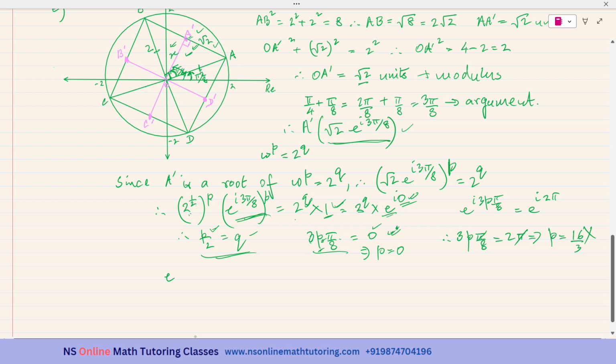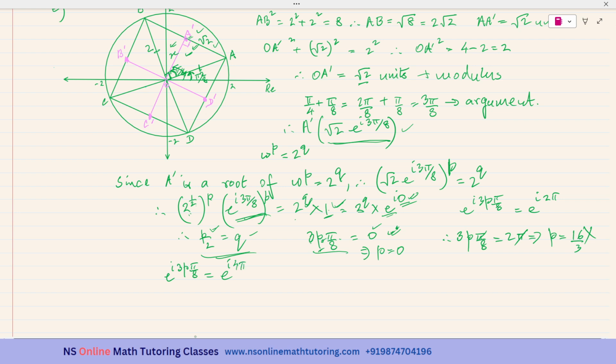Now again, I'm writing the same equation: e to the power of i 3p pi over 8 equal to e to the power of i. Now again, cos 4 pi. I'm just getting the values of the angle for which cos of that angle will be equal to 1, because the sine part, the imaginary part should be equal to 0 and the real part should be giving me this 1. So e to the power of i, and this time I'm taking cos 4 pi.